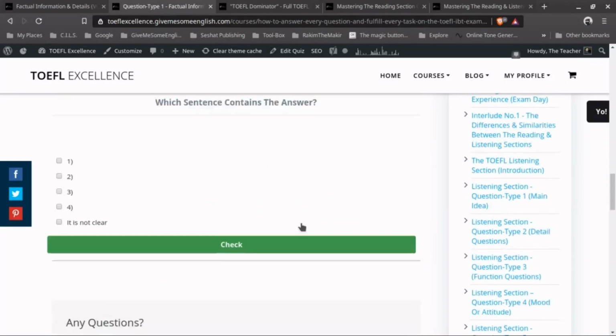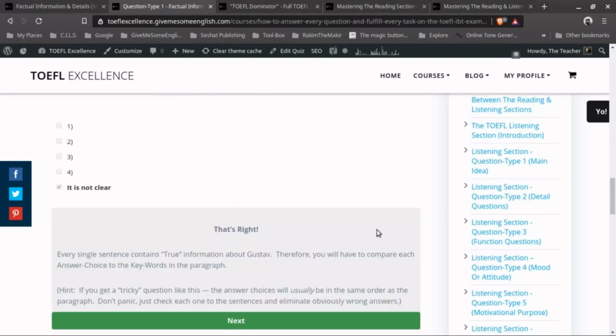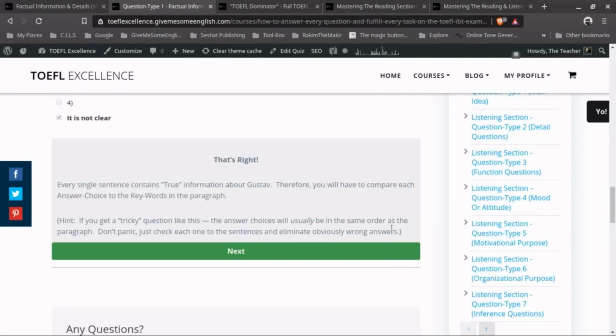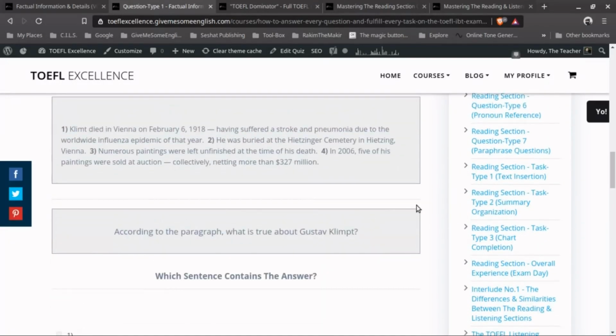So here, we don't know the location of the sentence. So this is another one of those master skills that can save you a few seconds. Now in normal life, when we say it'll just take me a few seconds, that usually means a very, very short period of time. But you'll find on the exam, a few seconds is a long time because time goes very quickly when it's ticking away on the exam.